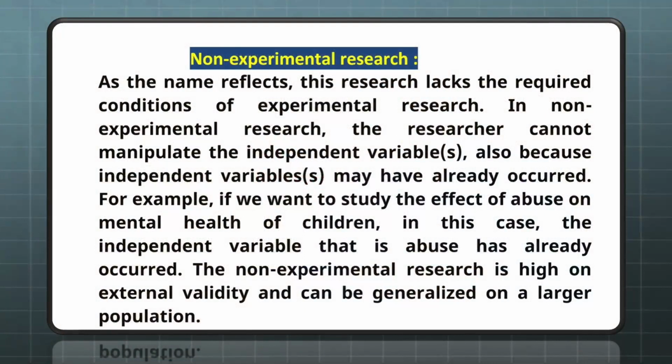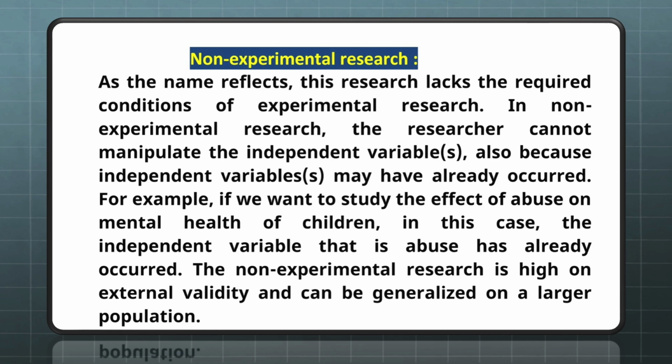As the name reflects, this research lacks the required conditions of experimental research. In non-experimental research, the researcher cannot manipulate the independent variable or variables. In research, we have one variable, we may have more than one variable.